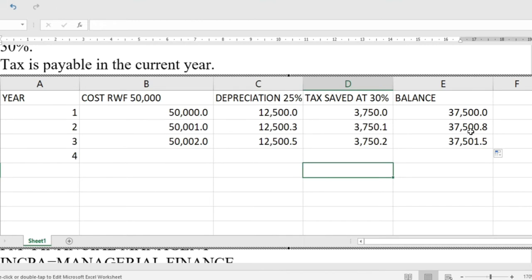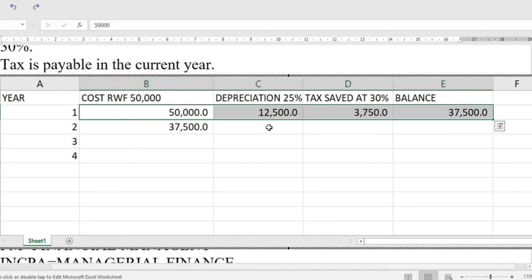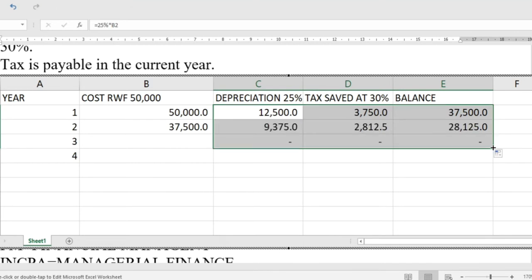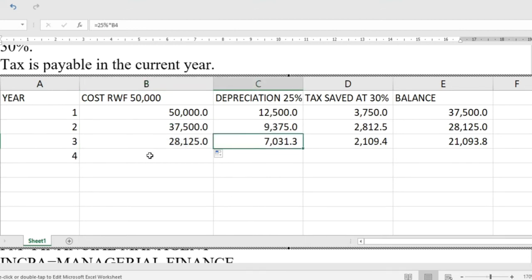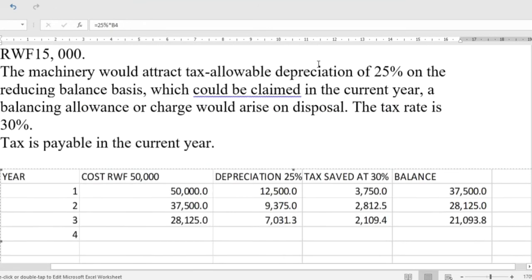Why do I stop here? Because at the end of the year 4, our asset is disposed at this amount.